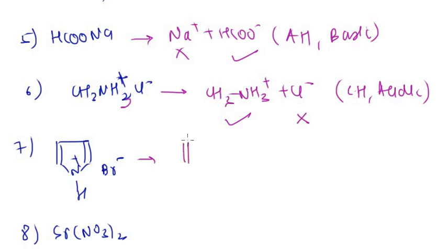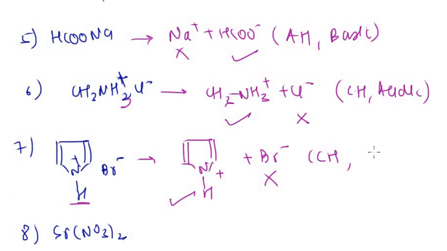This next salt comes from this compound plus Br negative. You may not know what this compound is yet; just wait and you will learn more in organic chemistry. In that case, it will be cationic hydrolysis, the anion is from a strong acid, and it will be acidic in nature.